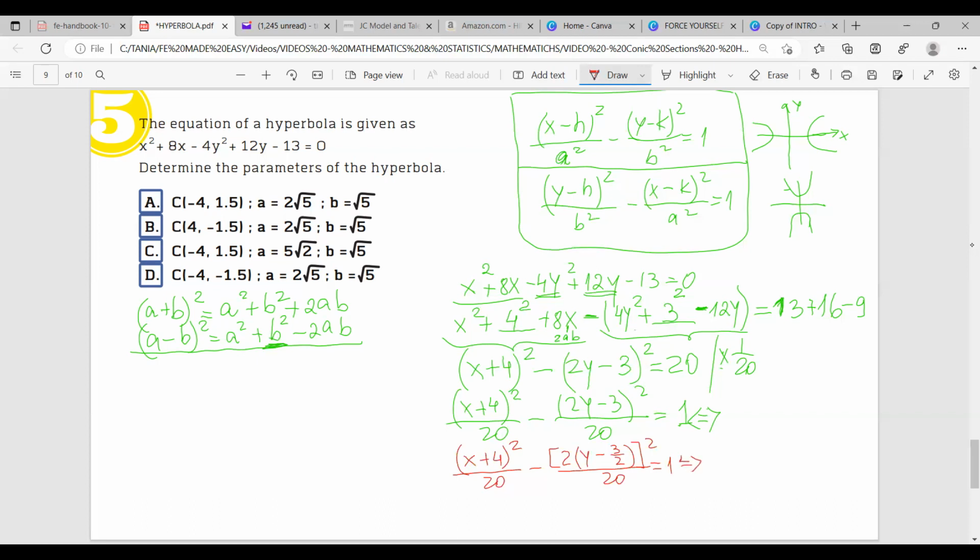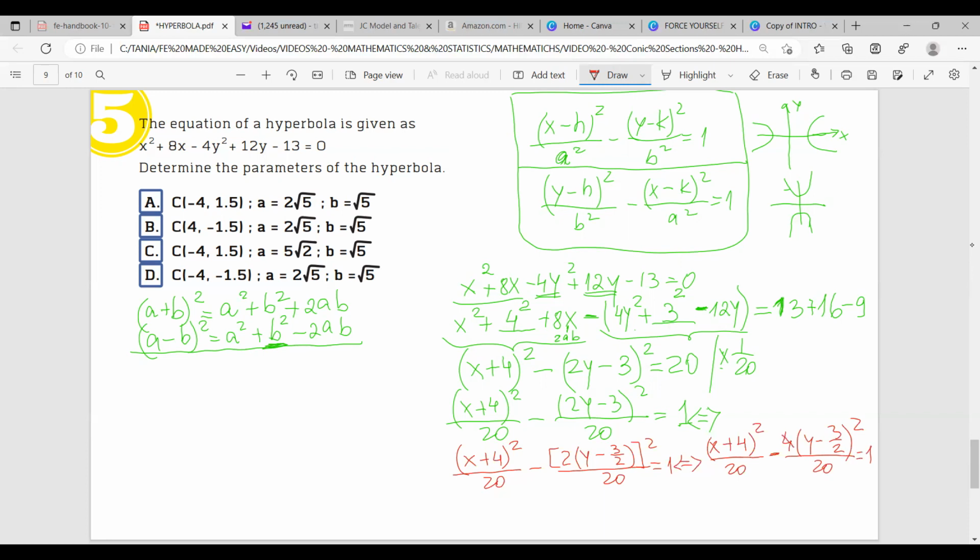And this is going to be equal to x plus 4 squared over 20 minus, and let's see what can we do here. So 2 squared is going to be 4, so we can bring 4 outside of parentheses. So we're going to have 4 multiplied by y minus 3 over 2 squared over 20 equals to 1.